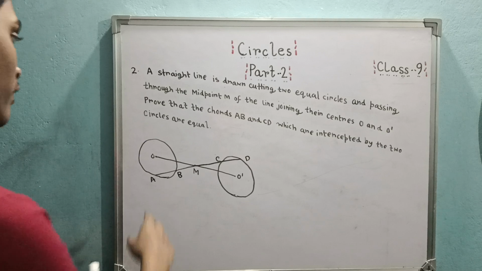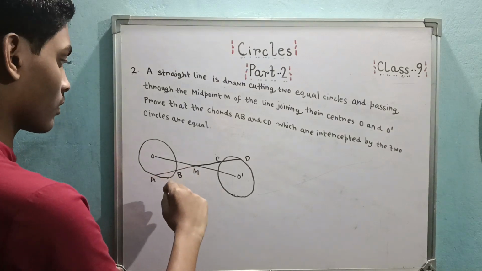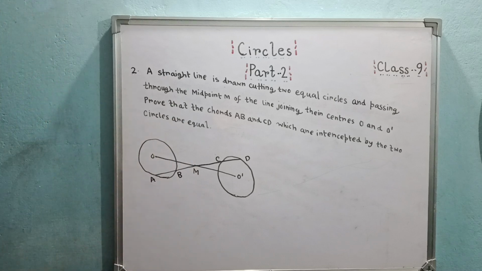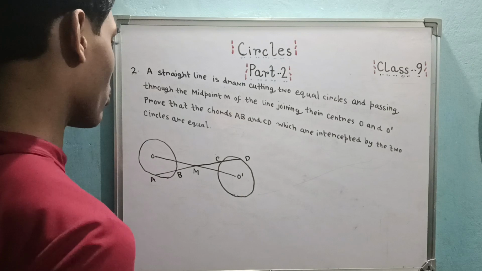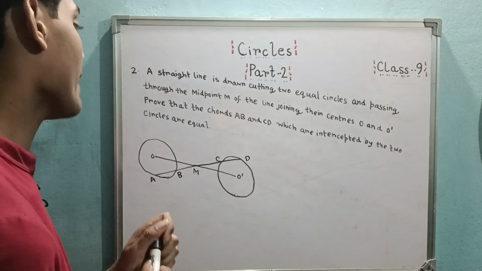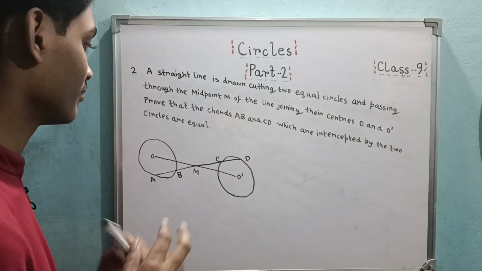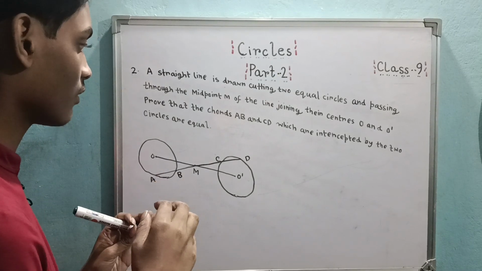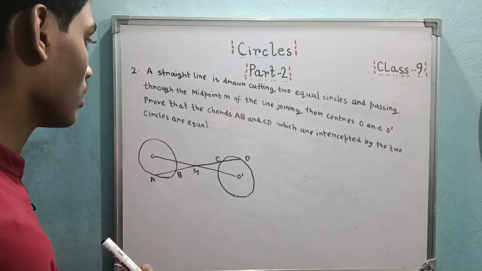You know what a chord is: a straight line on the circle, on any part of the circle except through the center. Okay, so AB and CD are chords. What can we do here? We can do a lot of things.